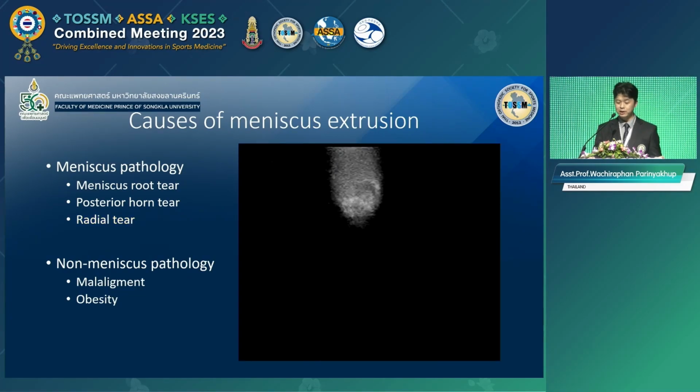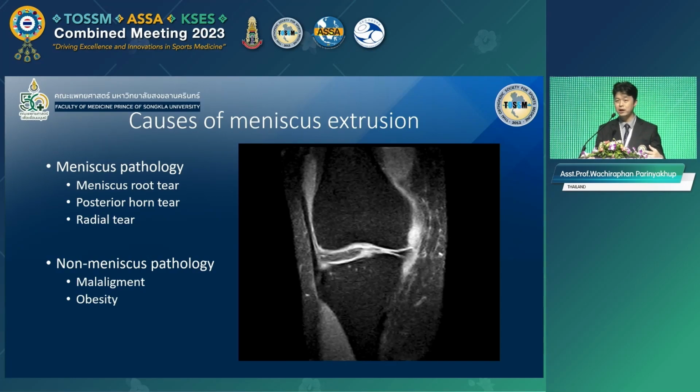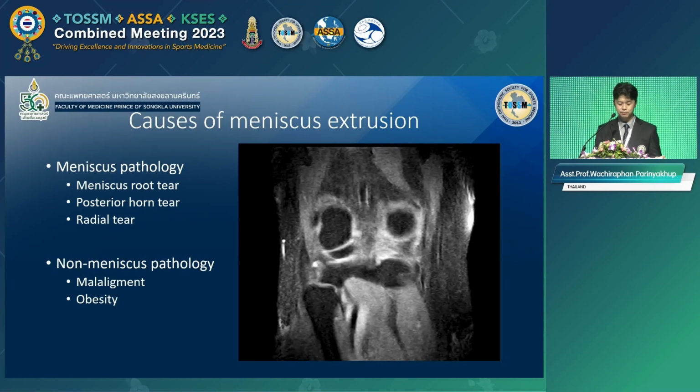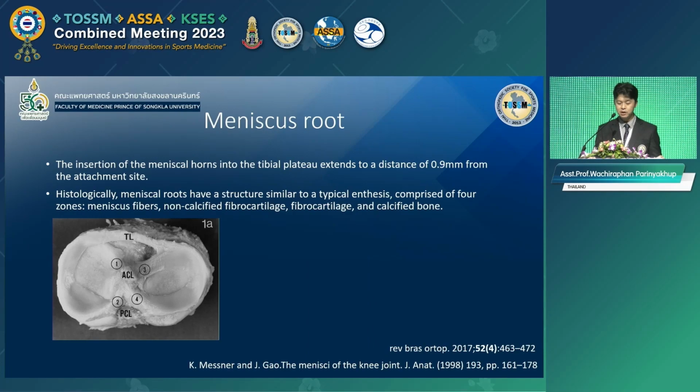Sometimes you can find that your patient has meniscal extrusion without a major tear of the meniscus. Most commonly this is found in overload of the knee joint, especially in malalignment and obese patients. The meniscus root is the insertion of the meniscus.